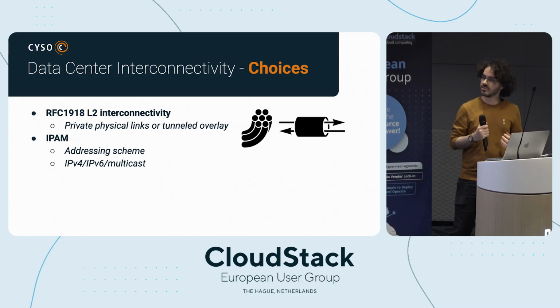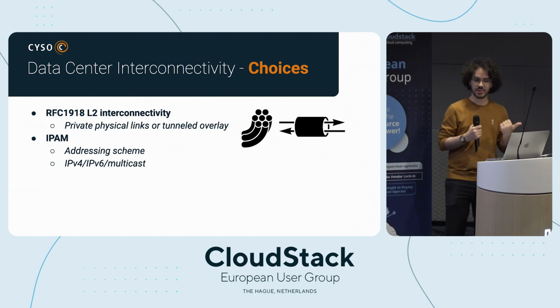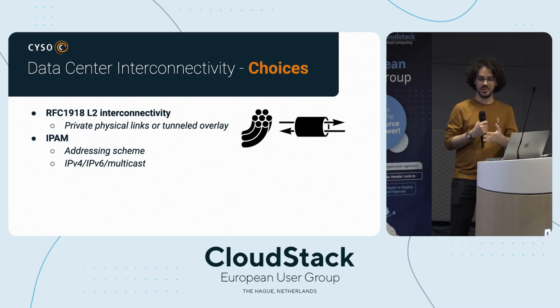This would be called an addressing scheme. And there are a lot of ways to do it. You can do it in combination with, for example, functionality. So, okay, this is my storage network. And then further divide it into, say, /32s in IPv6 or /40s per site. And you also have to choose, okay, do I want to do IPv4? Do I want to do IPv6? Do I want to do multicast? So both.